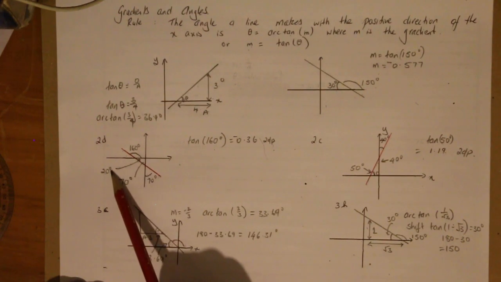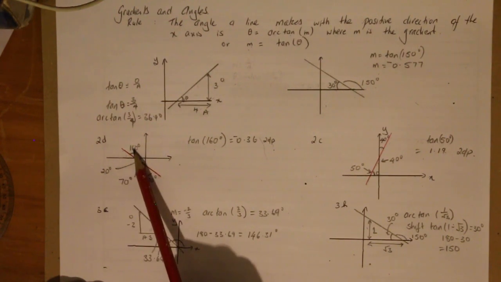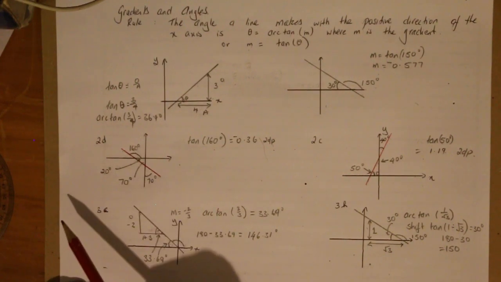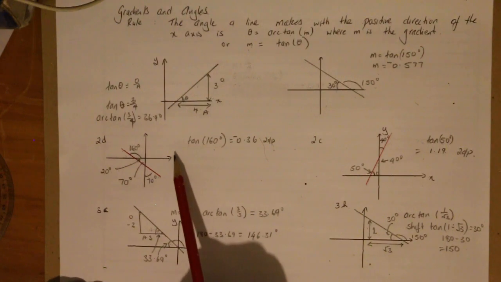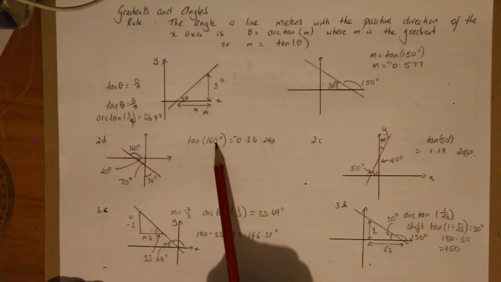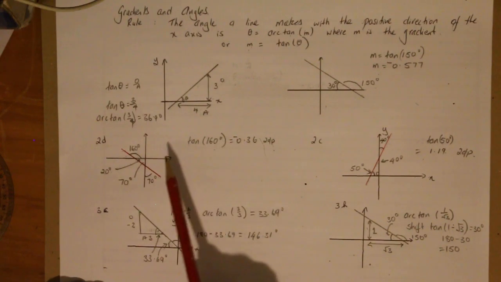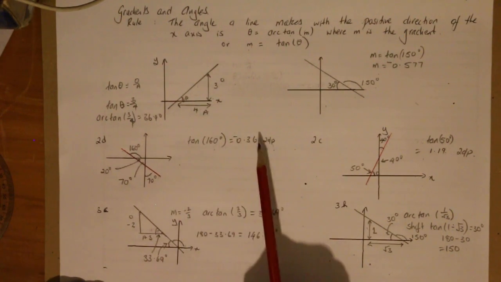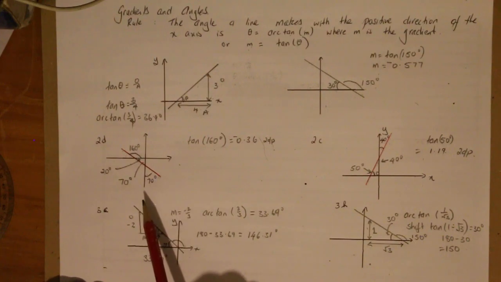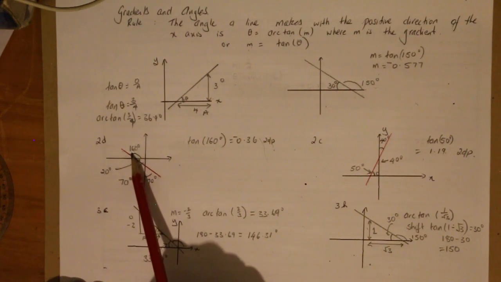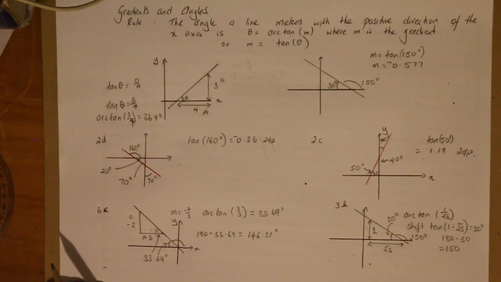If that there is 20, this angle here must be 160 by angles on a straight line equals 180. So we take the tan of 160, and that equals negative 0.36. So the gradient of this line here is negative 0.36. Remember, we need the angle between the line and the positive x direction.